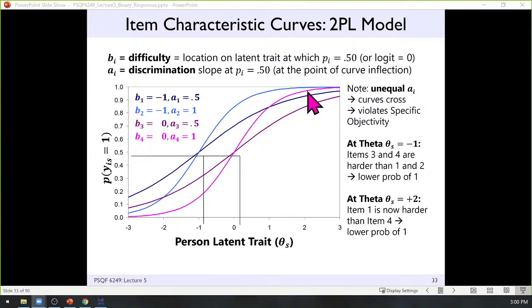Now the pink item is easier than the blue item. So the fact that difficulty is not invariant to where you are on the trait, that is unacceptable to some people. That's a loss of specific objectivity, as it is called. To me, that's just a consequence of varying slopes.